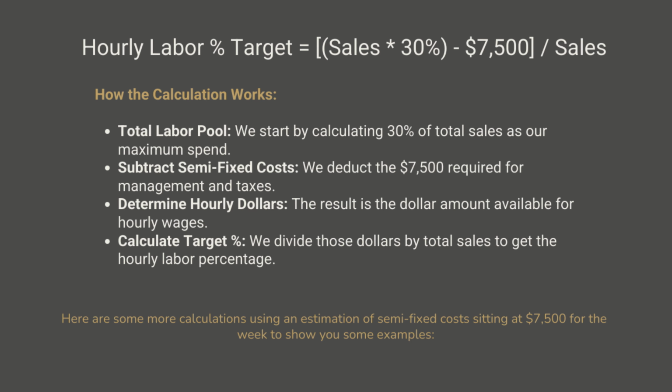The remaining dollars are what's available for hourly wages. Finally, we divide those remaining hourly labor dollars by total sales to determine the hourly labor percentage target. Understanding this calculation helps managers make smarter staffing decisions throughout the week and adjust labor proactively as sales change.